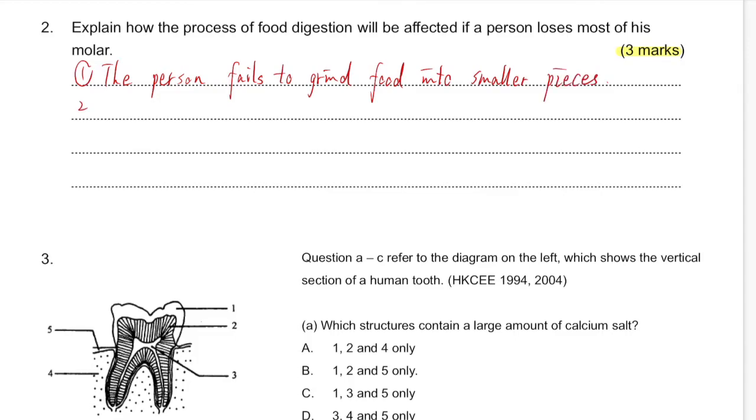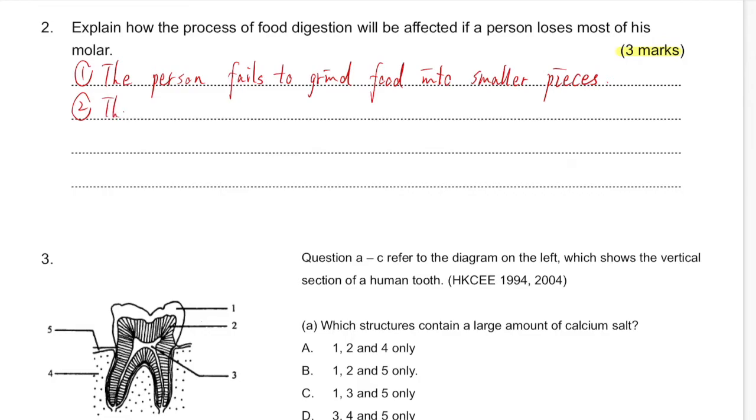Okay, and if we fail to grind the food into smaller pieces, that means the surface area of the food would remain quite small, or the change of the surface area would not be very significant. So we say it increases less.